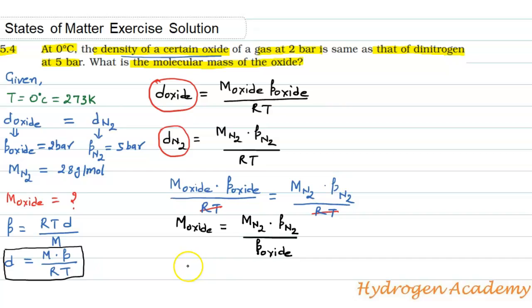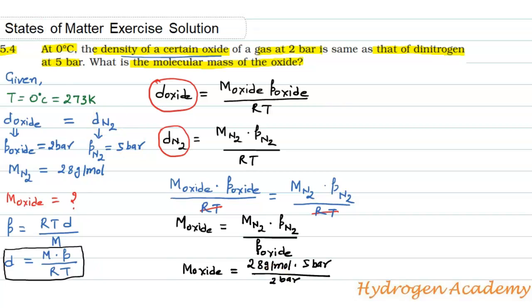So now put the value of each variable. M N2, as we know, is 28 gram per mole. So here write 28 gram per mole into pressure of dinitrogen 5 bar divided by pressure of oxide 2 bar.